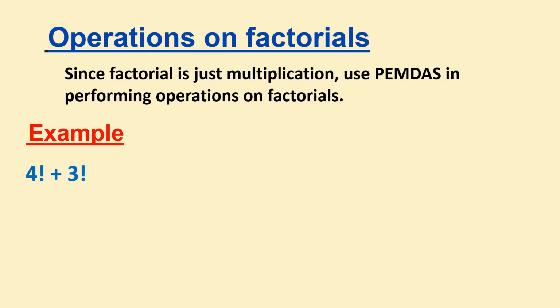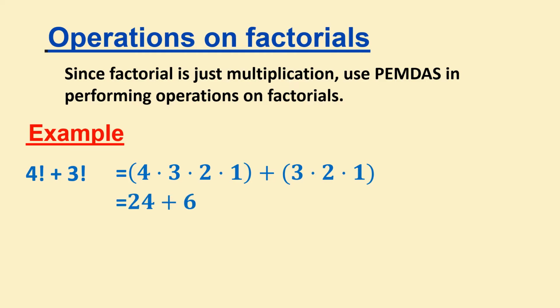What we're going to do is get the value of 4 factorial and 3 factorial first, then add the two. So we will have 4 times 3 times 2 times 1, which is 4 factorial, plus 3 times 2 times 1, which is 3 factorial. If you already know the values of 4 factorial and 3 factorial, you may skip this step. That will give you 24, which is 4 factorial, plus 6, which is 3 factorial. And this one will give you 30.